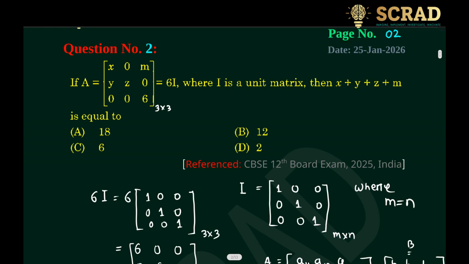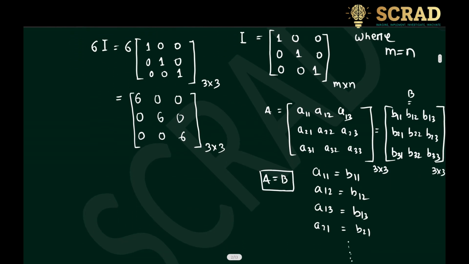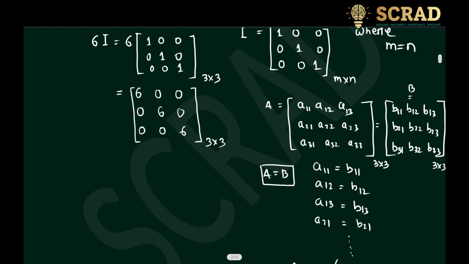The I matrix shape will change according to the requirement, because the given matrix is of order 3 cross 3. So that is why I am taking the I matrix also of order 3 cross 3. Then only I can do the comparison, right?